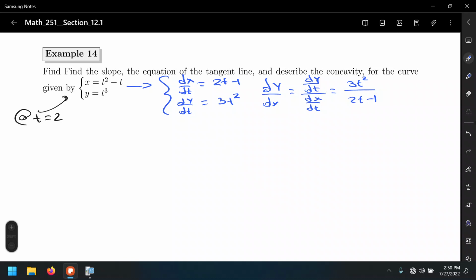Because we need the value of the slope at that particular time, we're going to plug in t equals 2 in this derivative. So dy/dx at t equals 2: whatever you see the letter t, replace it with a 2.